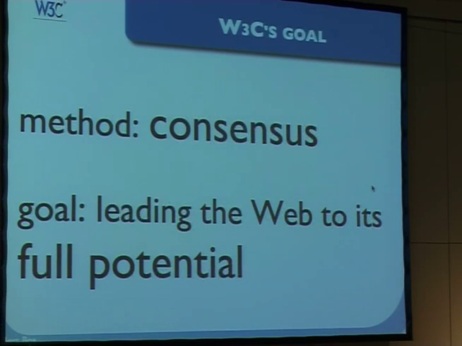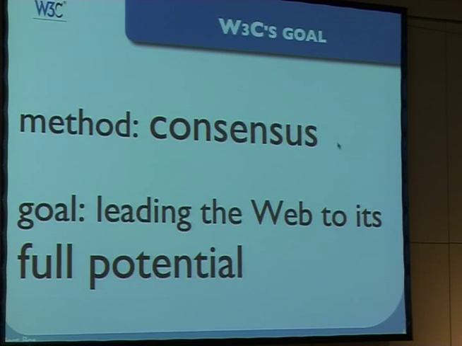So the basic way we work in W3C is to try to get people to agree on something. It's not so that somebody creates something and imposes it on everybody else. There's also not a vote where the majority decides. The goal is really to discuss as long as it takes to get people to agree.